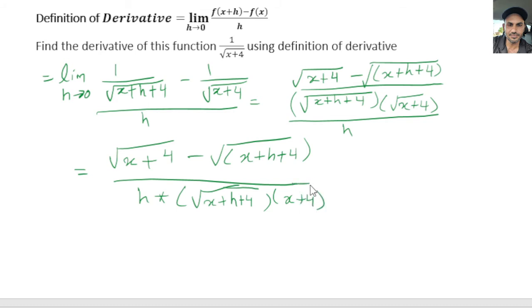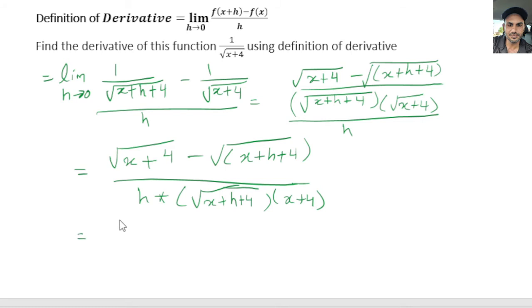Okay, so now here we have to do what is called rationalizing the numerator or denominator, either one. I'm going to rationalize the numerator. We're going to treat this as a and this as b, so it's a minus b, and we multiply with a plus b. The only thing we change is this sign to positive, so we multiply with this plus this, divided by this plus this. That's the next step.